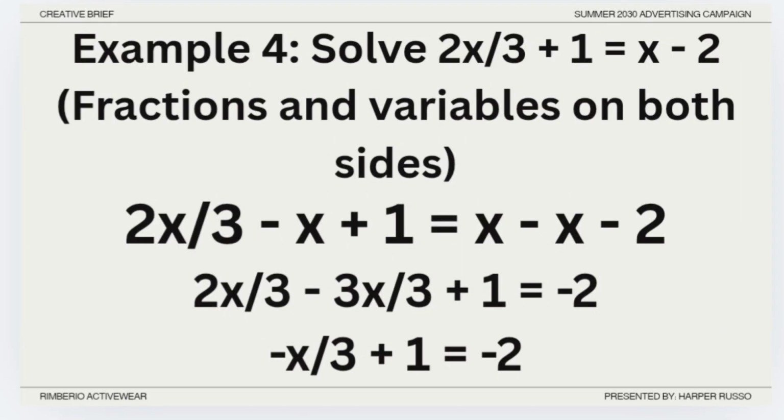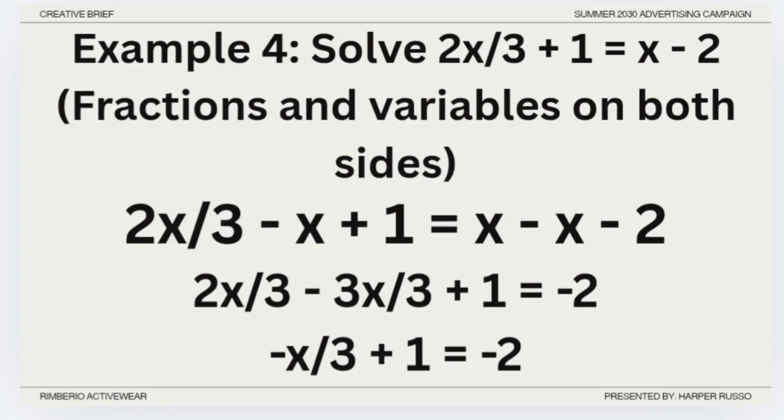Example 4, solve 2x over 3 + 1 = x - 2. Fractions and variables on both sides. Step 1, subtract x from both sides to move terms. Here, let's move x to the left. 2x over 3 - x + 1 = x - x - 2.